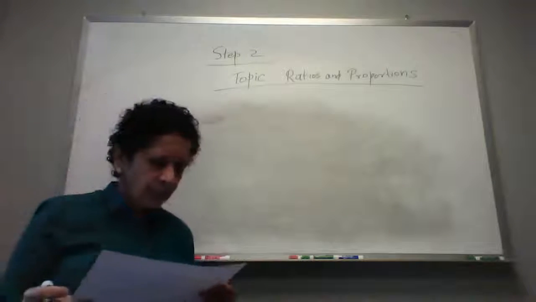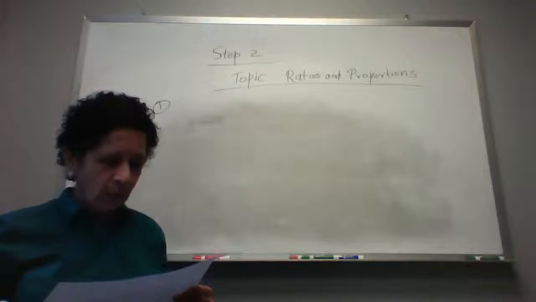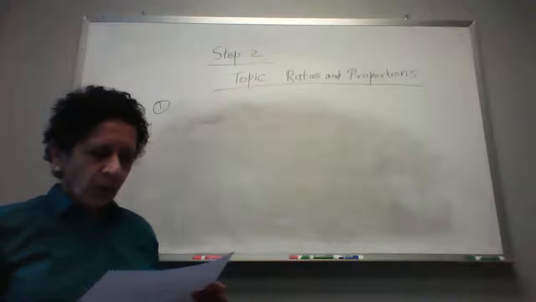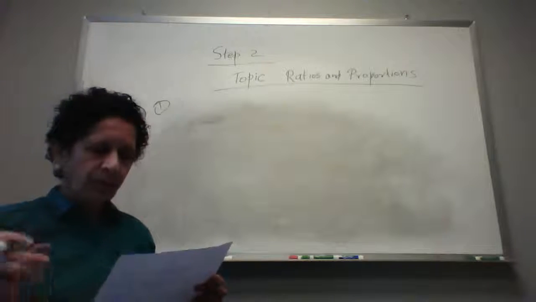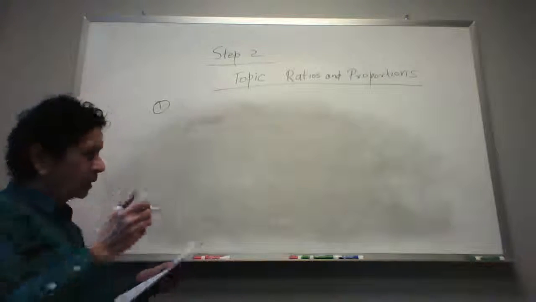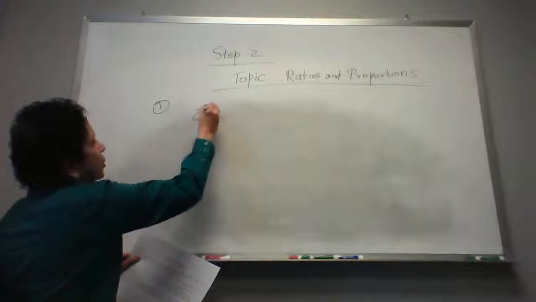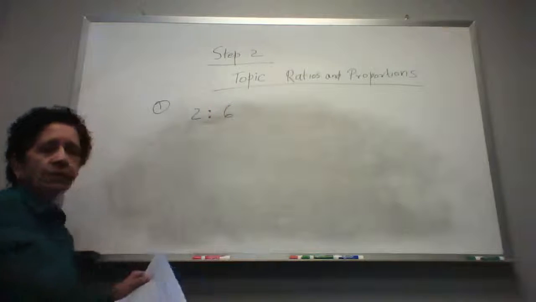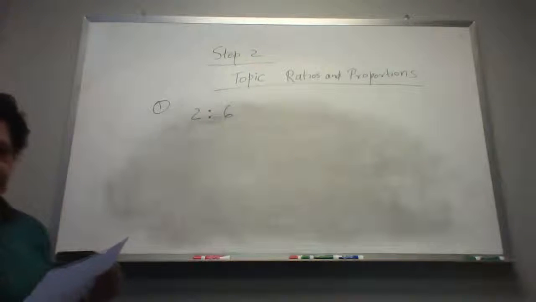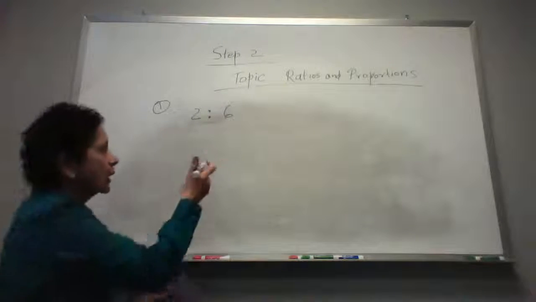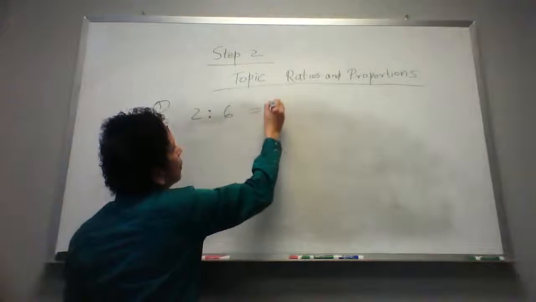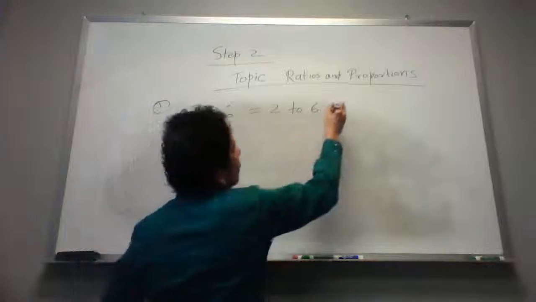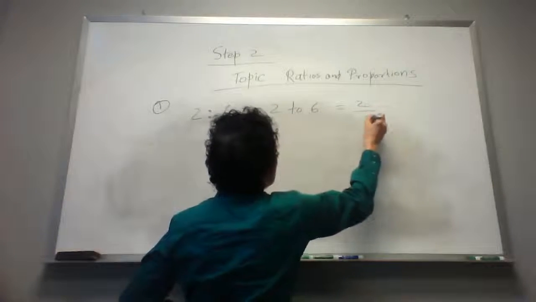The first problem says that Joe spent 2 hours in planning and 6 hours in working. What is the ratio of time spent on planning to working, okay? So you can write that as ratio means 2 hours in planning to 6 hours in working. So 2:6, okay? You can write it like that, or you can do 2/6.